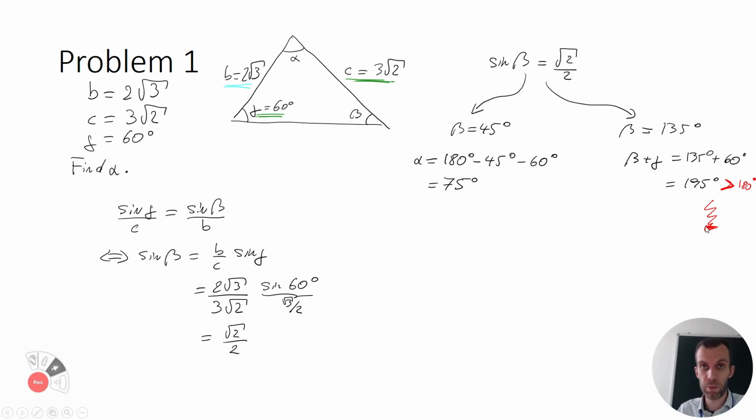If alpha plus beta plus gamma is equal to 180, then if two of them are already bigger than 180 degrees, that doesn't work. So this again is an unphysical or impossible solution, and we're left with alpha equal to 75 degrees.